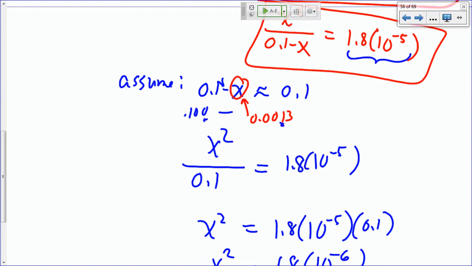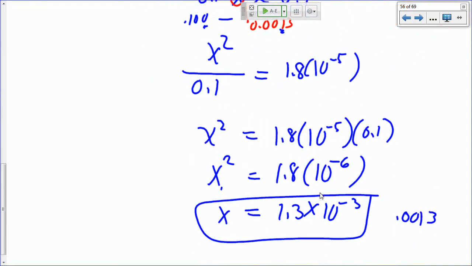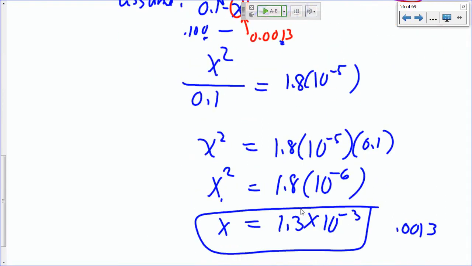That's 1 part of 100, 1% error. If you can get it to about 10% error or less, you should be okay for most practical purposes, okay? So you would say that's a reasonable assumption. So we'll go with that. So what would be our X then? Our X is 1.3 times 10 to the negative third.